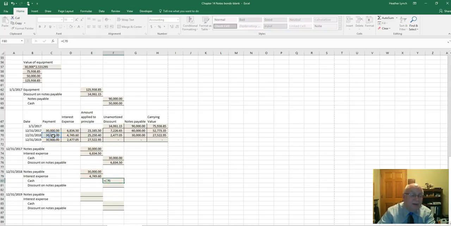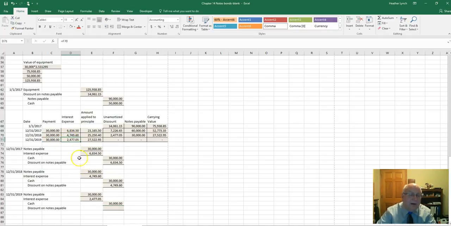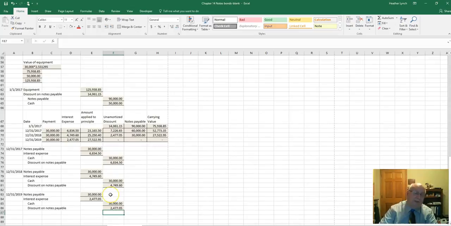Cash is 30,000, and the 4,749.60. And the last year, 30,000, 2,470. Okay, and cash is the 30,000. Equal 2,470. Okay, and that pays off the note then.